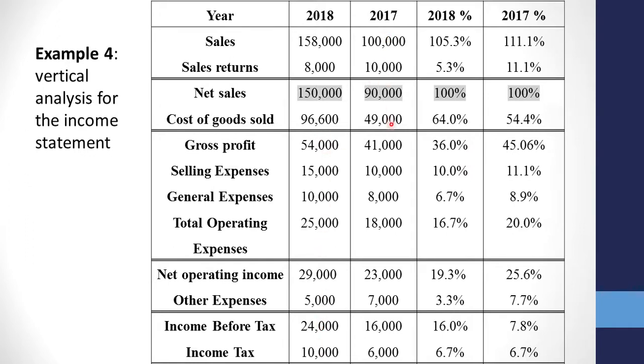And the same goes for 2017. You're going to divide each single figure here by 90,000, which is the net sales. So for the income statement, you divide every item by either net sales, or the sales if you don't have sales return.